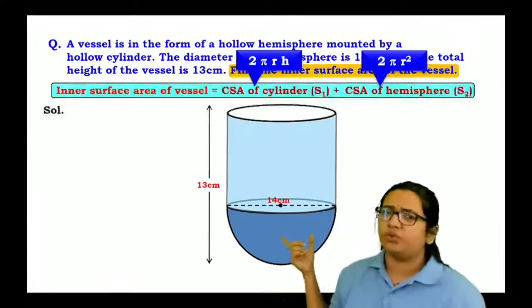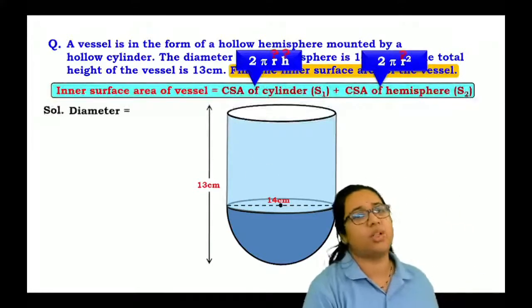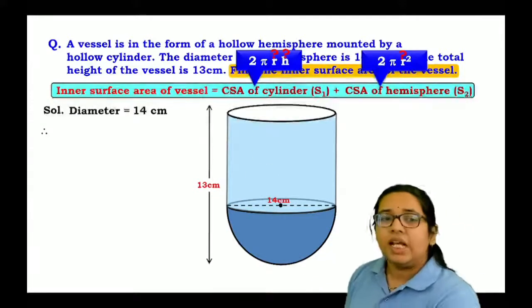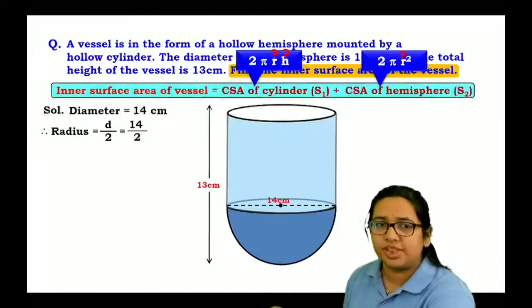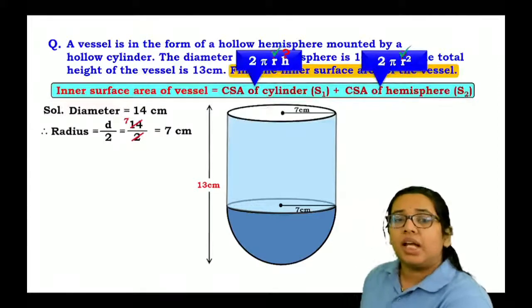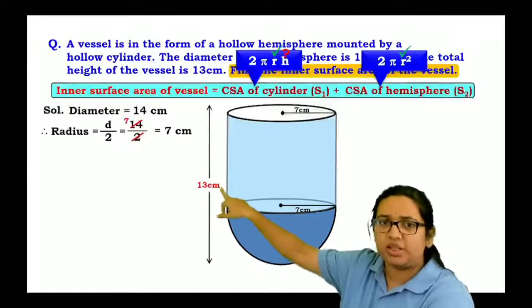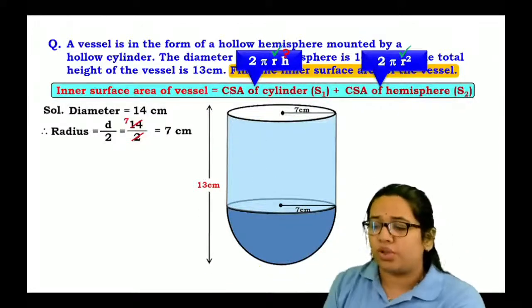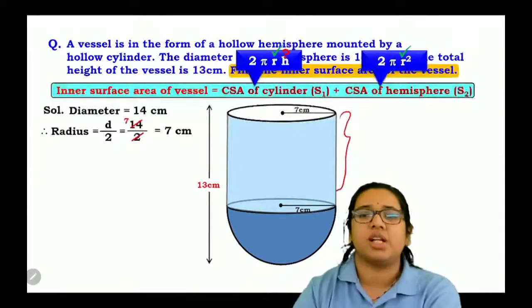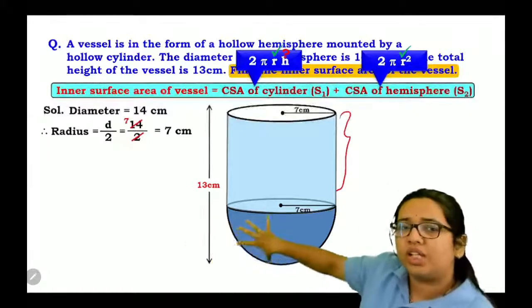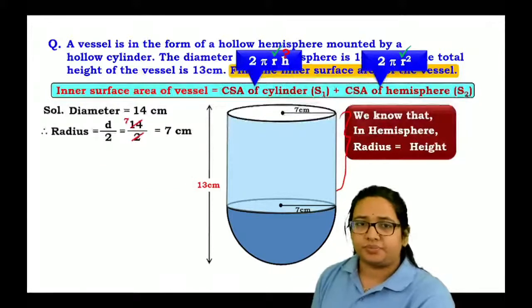Okay. So we have the value for r for this. Then you just have to calculate what will be the value of h. As diameter is 14, it means that radius will be 7 centimeter, right? Then as the total height of the vessel is 13 centimeter, if you just have to find out what will be the height of cylinder only, for that you just have to subtract radius of the hemisphere from the total one, right?